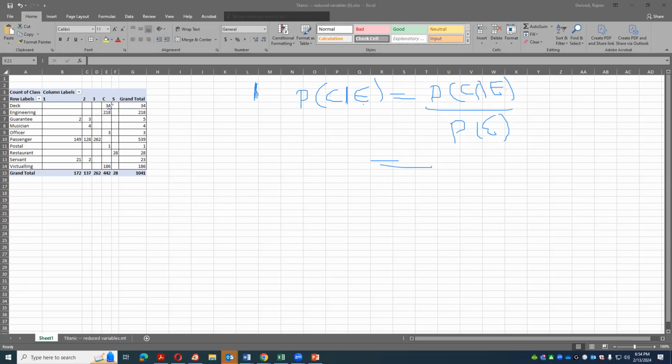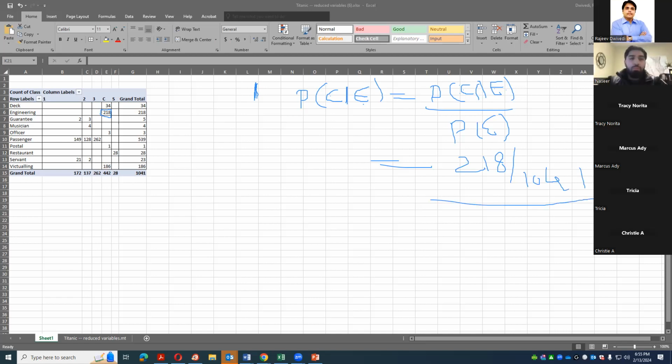C and E or E and C, they are the same, because this is the common between C and E. It doesn't matter, the same value. So 218 divided by 1041.